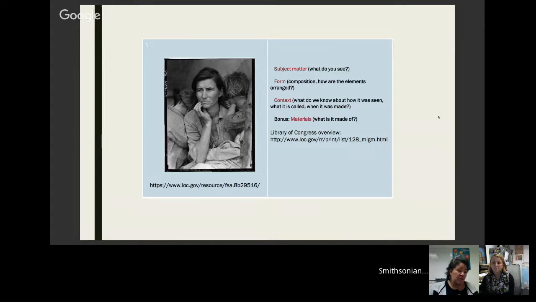Age 32. Nipomo, California, 1936. So when you begin to put that information together and what we think this image is about, it becomes kind of interesting. She has no name. What happens when you don't have a name of this woman? She just becomes representative of all women.